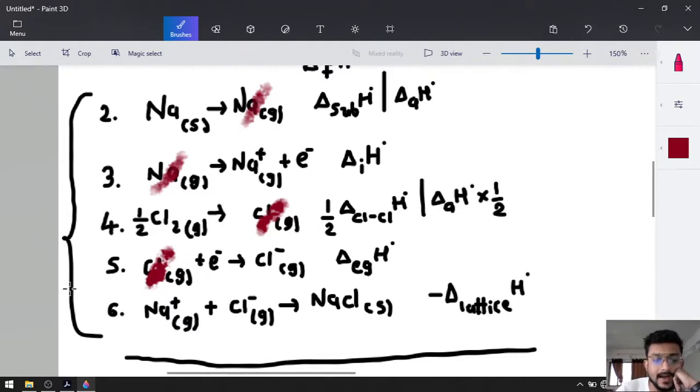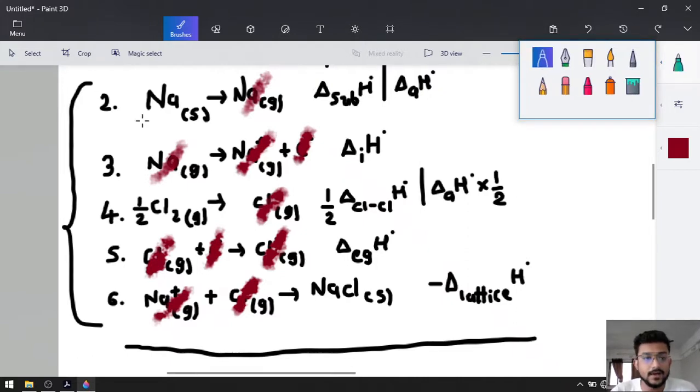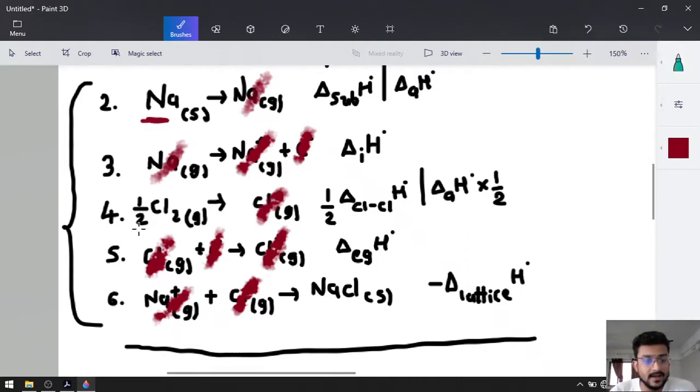Now Na plus gaseous form is cancelled out. Then Cl minus gaseous form in the reactant and Cl minus gaseous form in the product will be cancelled out. One electron and one electron will be cancelled out. Look at this. What is the remaining part? Na solid is remaining over here, 1/2 Cl2 is remaining over here, and NaCl solid is remaining over here.